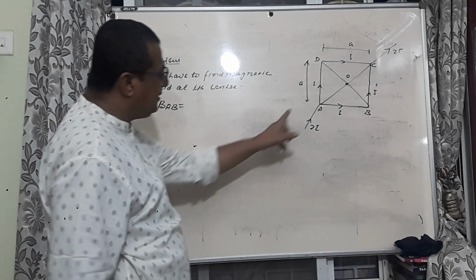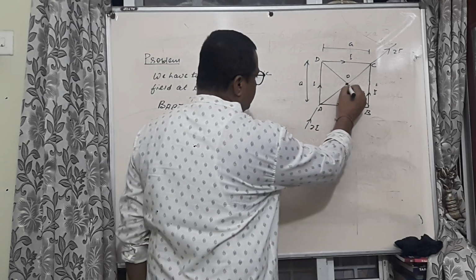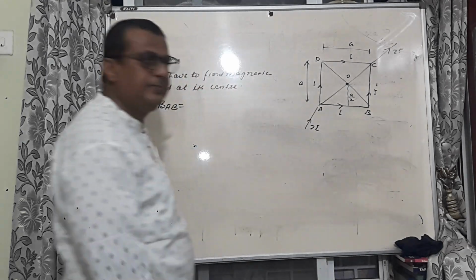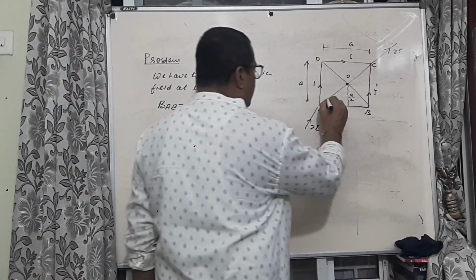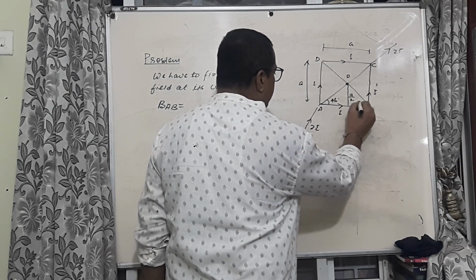This is the perpendicular distance, which will be equal to A by 2. And this angle will be equal to 45, and this angle will also be 45.